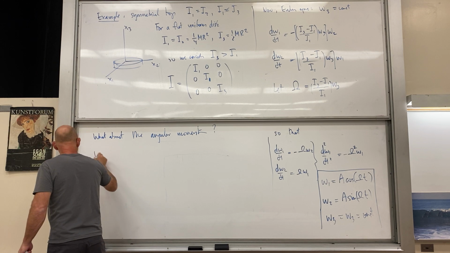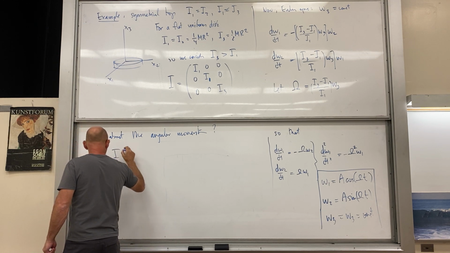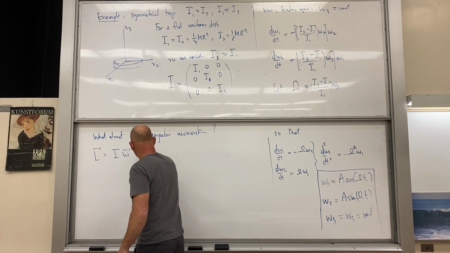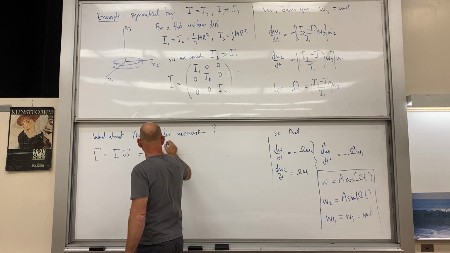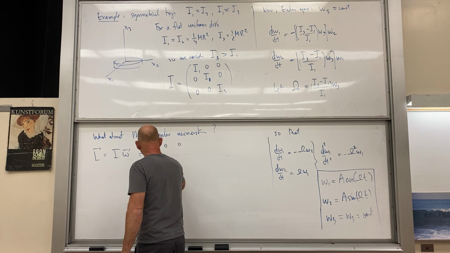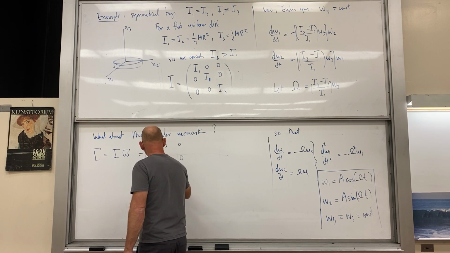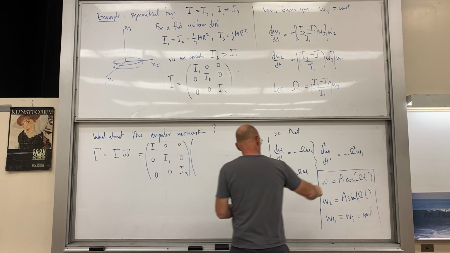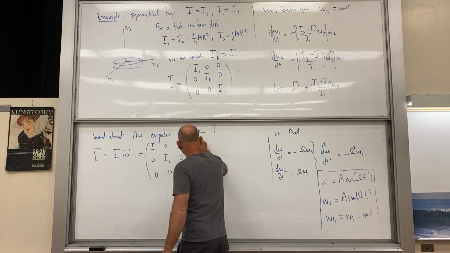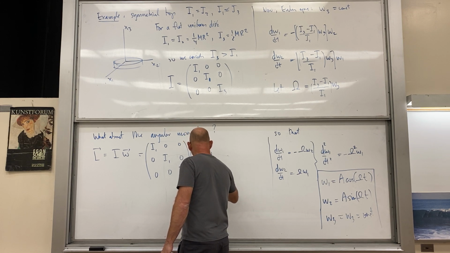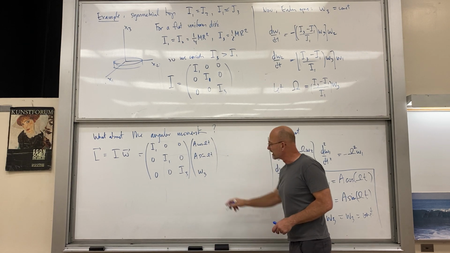Well, L is equal to I ω. And since we've found ω, let's make sure we're clear on this. So we have the matrix I1, 0, 0, 0, I1, 0, 0, 0, I3, and then this ω vector is the one we have right here, a cos Ωt, a sine Ωt, ω3, this one being a constant.